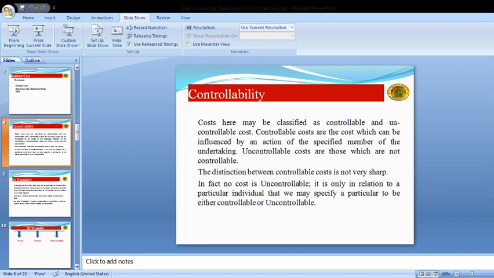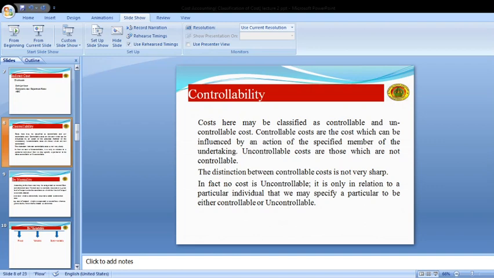That's why under controllability classification, all costs related to the department or unit are classified into two types, one which are controllable, other which are not controllable, and they hold that person responsible only for controllable cost. As the name suggests, this technique is very useful for cost control purposes.